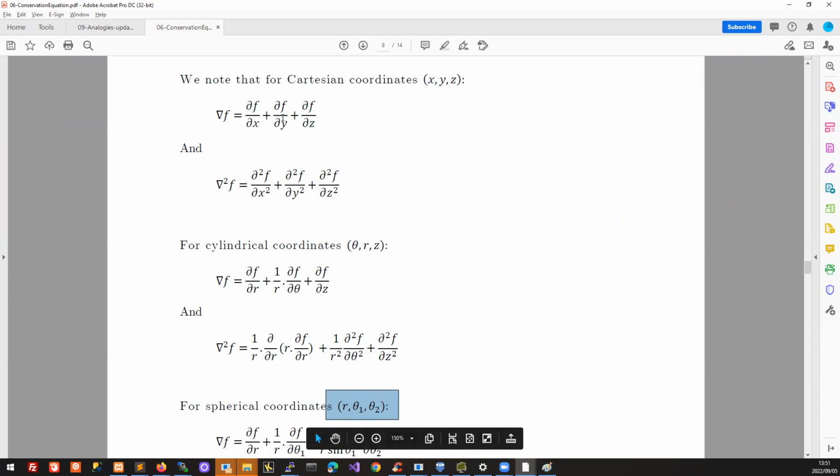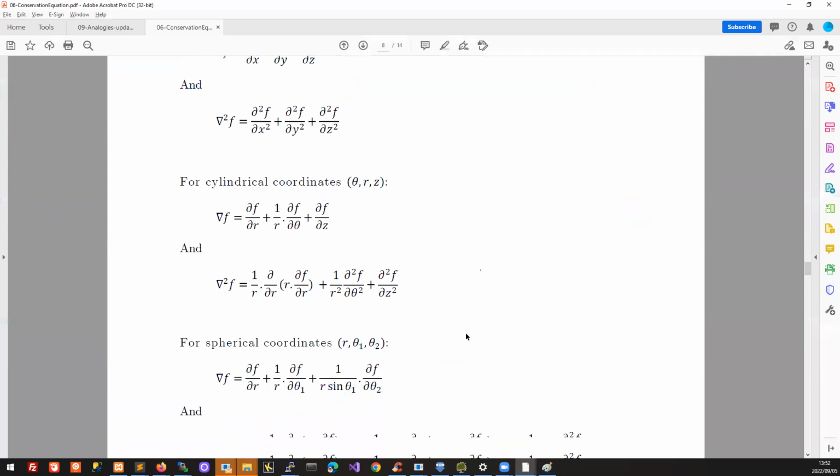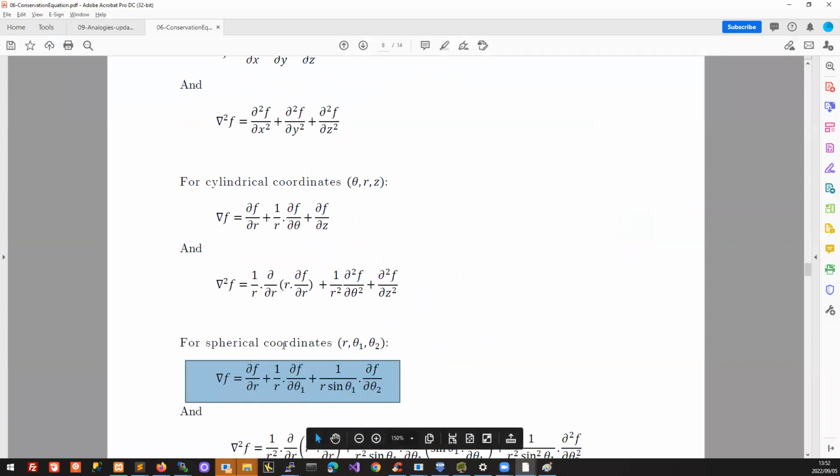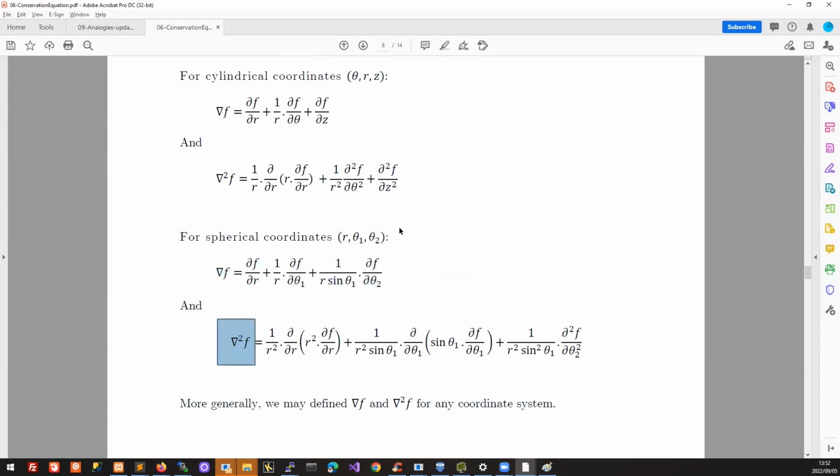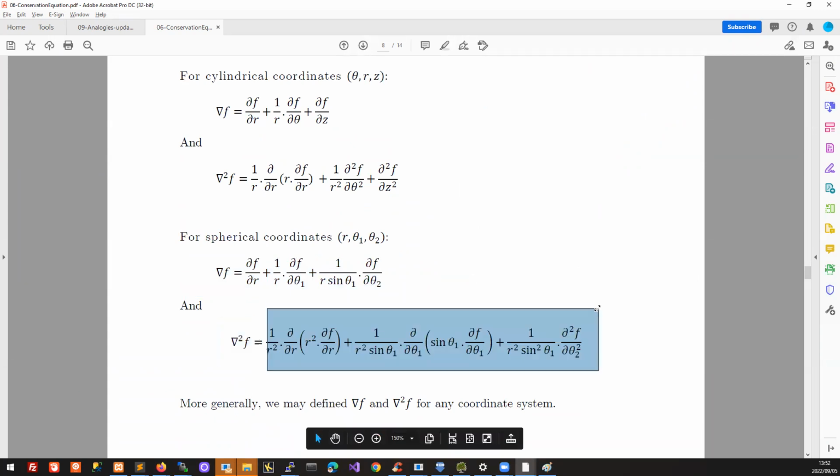And then if you differentiate, for example, if X is written in terms of theta, then if we want ∂f/∂θ, we could write ∂f/∂x ∂x/∂θ. And so if you do all that, then you get these nice relationships that tell you how your del and del squared operators look in these different coordinate systems.